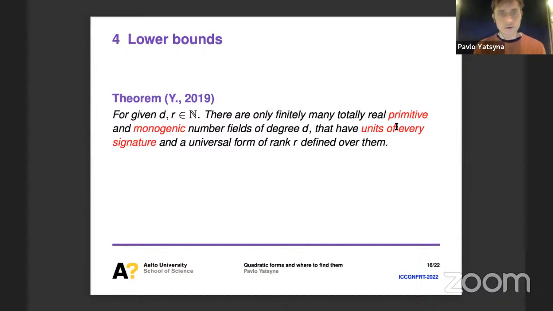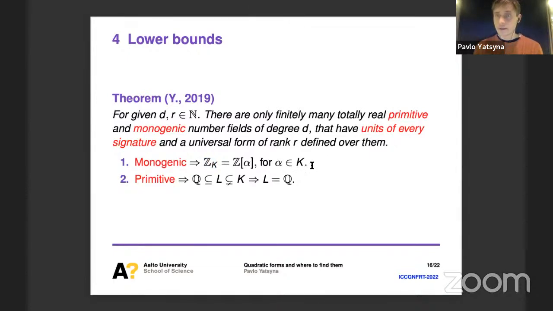I know there were talks about monogenic number fields before, so maybe it's more familiar. But by monogenic, I just mean that the ring of integers has a power basis. So our ring of integers Z_K can be written as Z adjoined some algebraic integer in our number field K. By primitive I mean that there's no intermediate number field between K and Q.